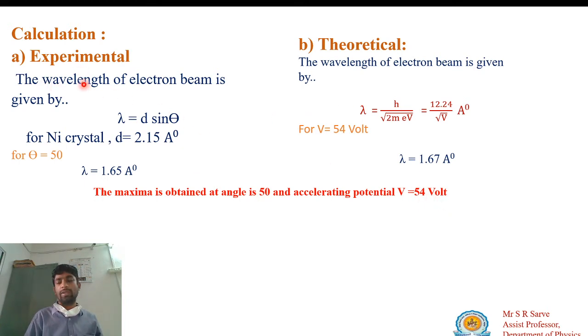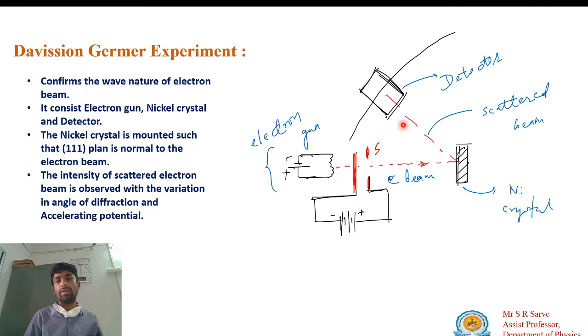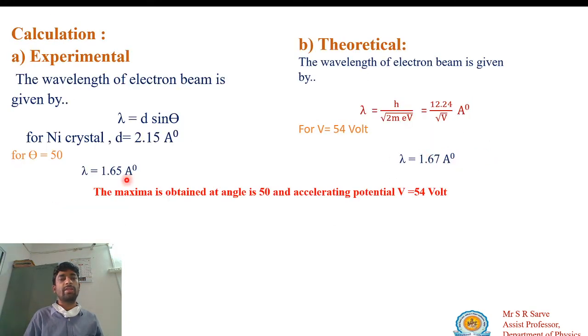So in the experimental setup, what we observed is that this electron beam shows a diffraction pattern, and for studying the diffraction pattern, we have to use Bragg's law of diffraction. Actually, it is 2d sin theta equal to n lambda.